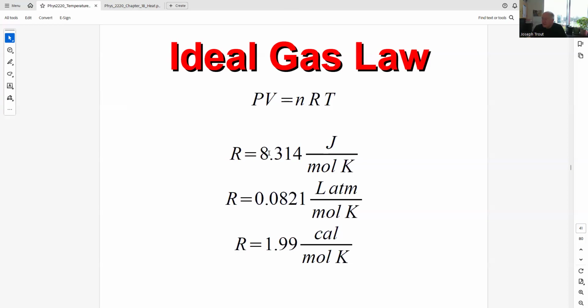So in this class, we'll use 8.314 joules per mole K. I think chemists like to use 0.0821 liter atmospheres per mole K, and food scientists like to use 1.99 calories per mole K.